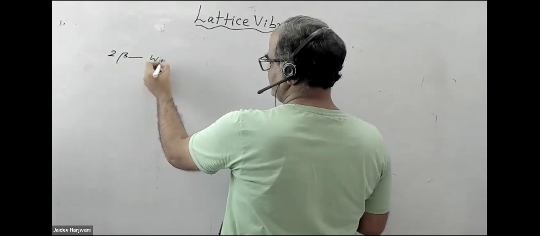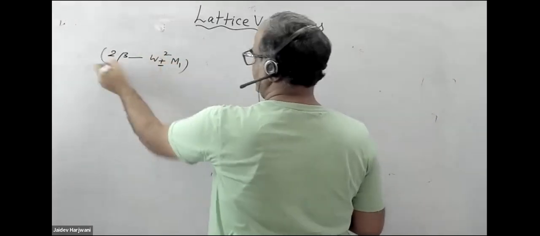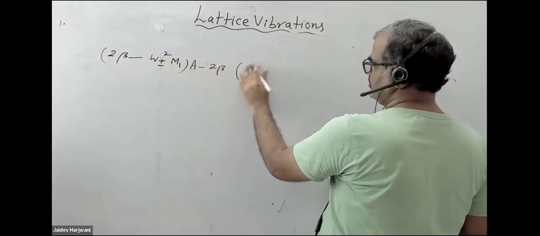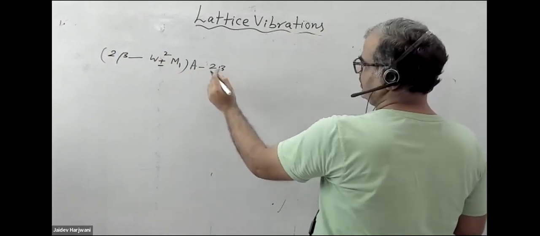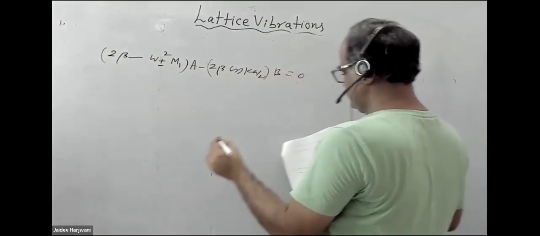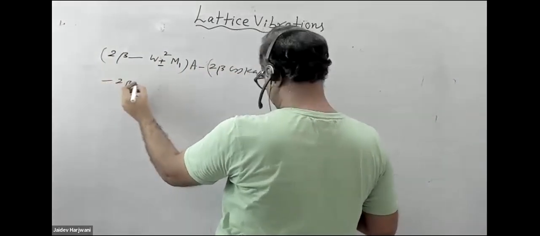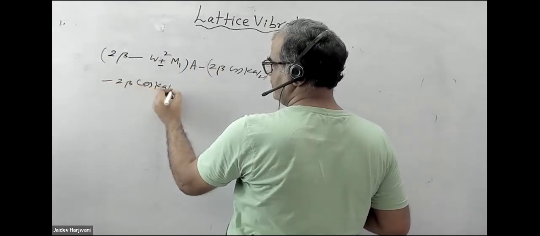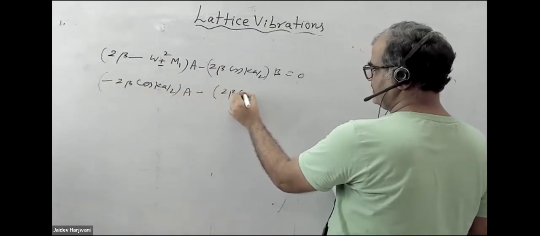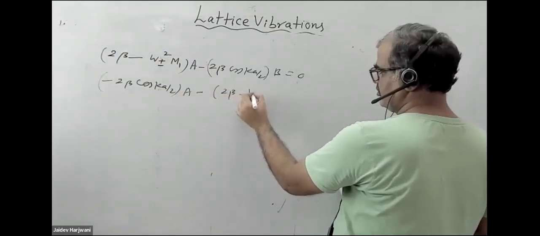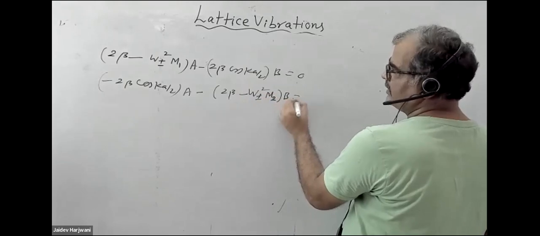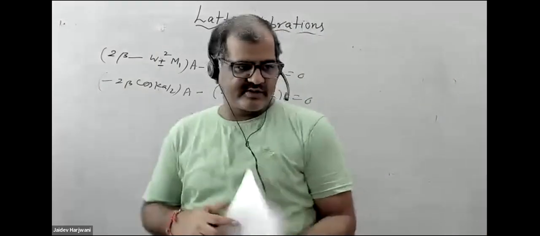So I will write this equation: (2 beta minus omega square m1) a, minus 2 beta cos(ka/2) b equals 0, and minus 2 beta cos(ka/2) a plus (2 beta minus omega square m2) b equals 0. Yesterday we have seen these equations. Do you remember?